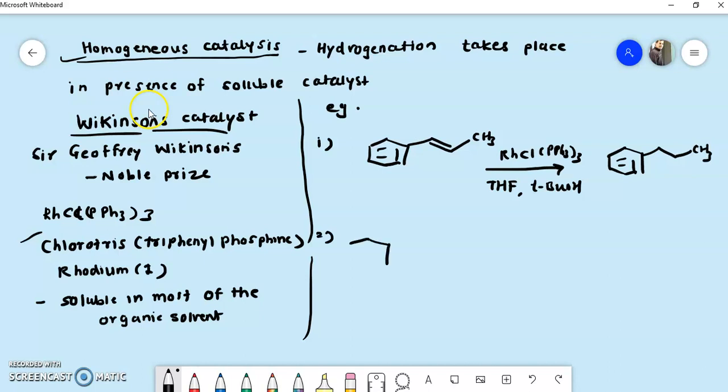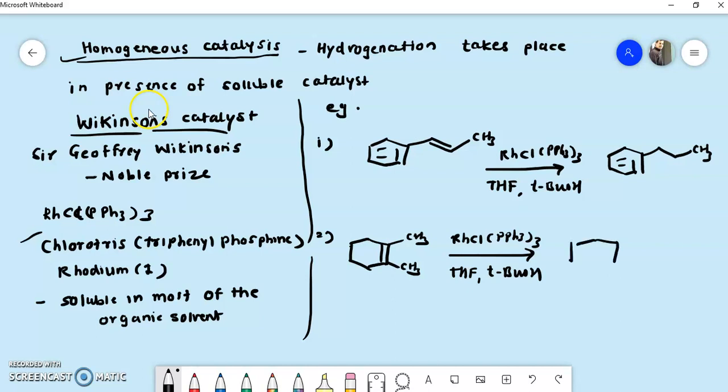So we can take another example. Suppose here is a double bond. Again, you will take the same conditions: Wilkinson catalyst RhCl(PPh3) taken thrice, THF solvent, tertiary butoxide again as solvent, and here is a formation of this.